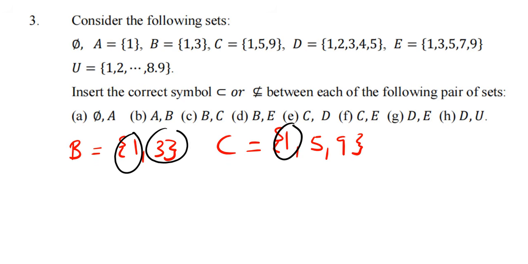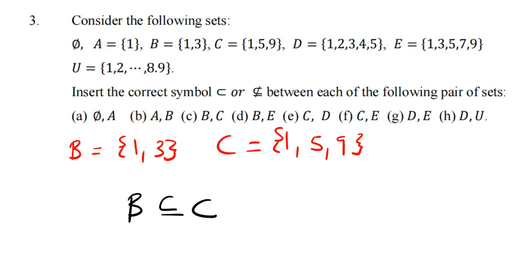We have 3 there, here we don't have a 3. So nothing is really common here. So in this case, the symbol that we are going to use is that B is not a subset of C, or the opposite. Okay, so you put that symbol there.